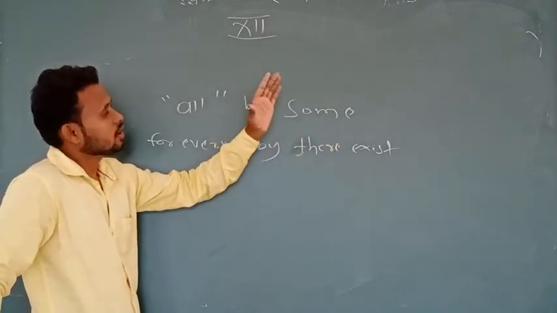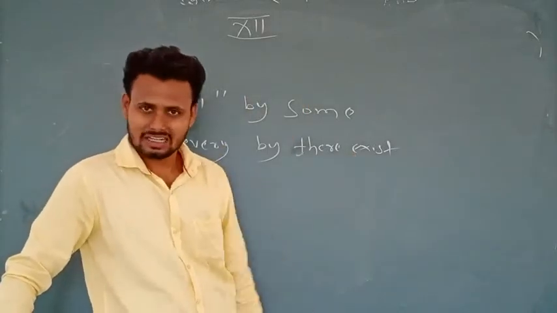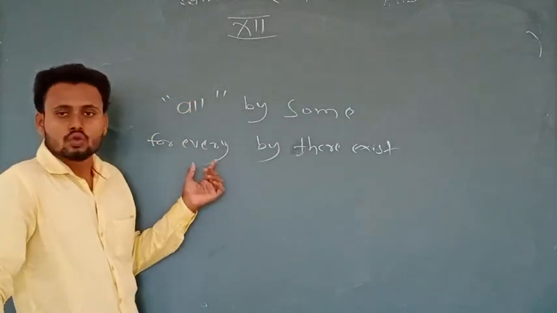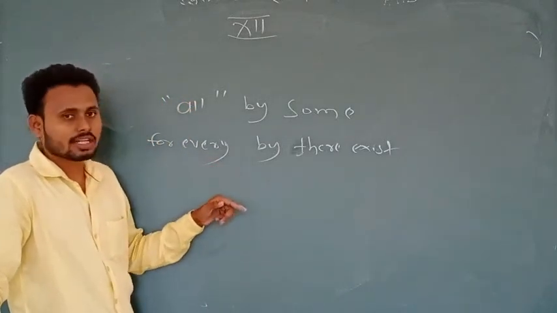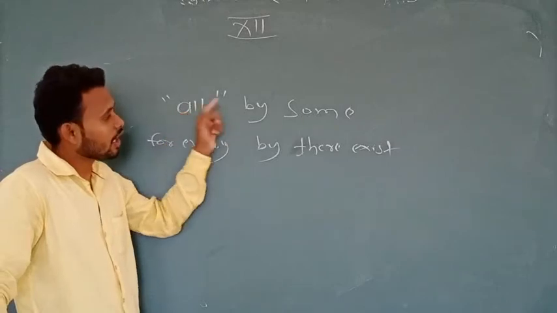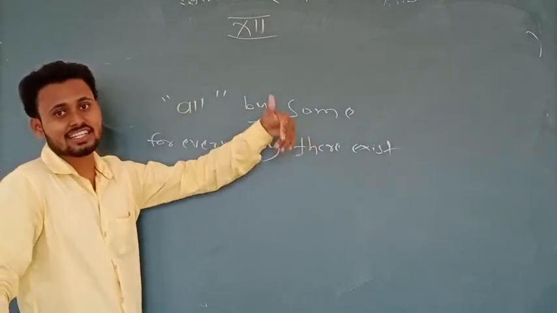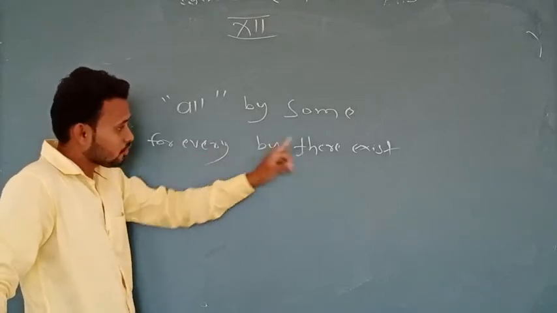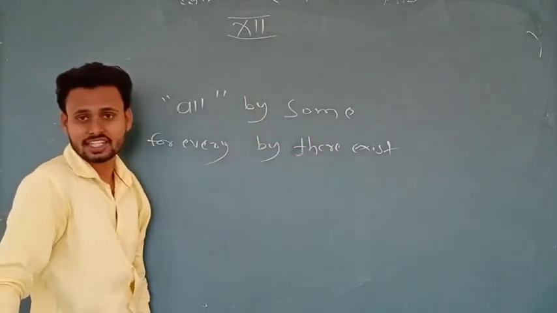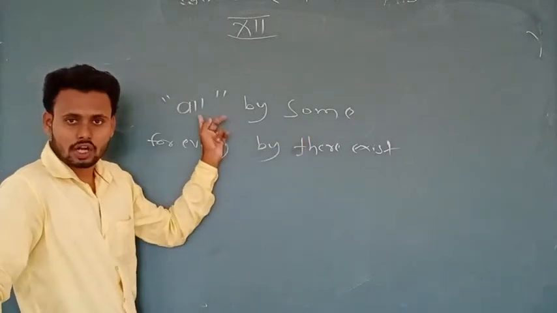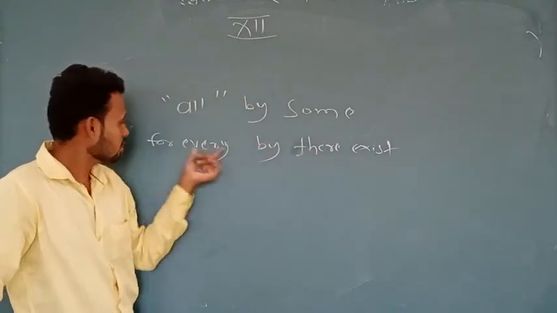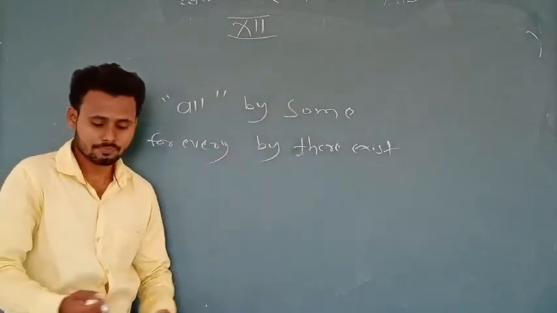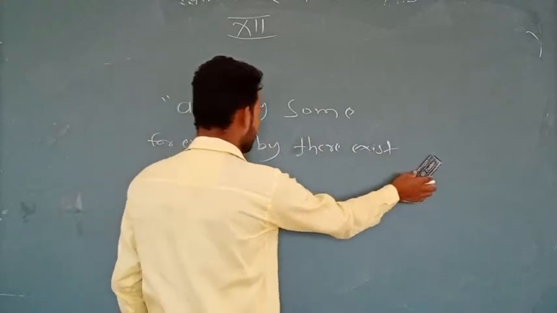It means suppose we have a quantified statement and we have to write its negation. If there is all, we replace it with some and then write the negation. If there is for every, we replace it with there exist and then write the negation of the statement. If it is some, we write all and then take the negation; if there exist, we take for every and then the negation, which is the required negation.